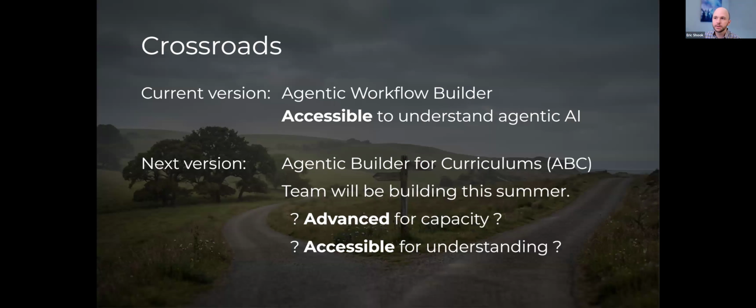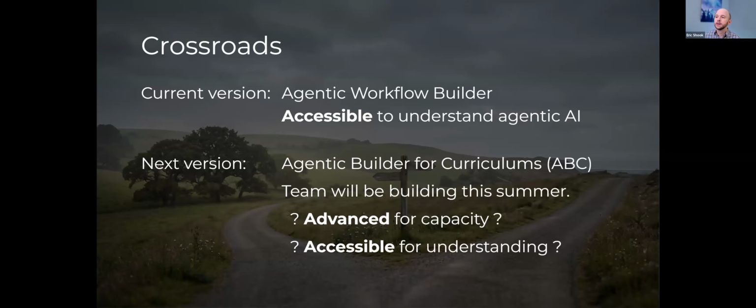We are at a bit of a crossroads, and one of the things I just mentioned is that the current version is accessible because we really built it to help people understand how you can use these agentic systems to build curriculum, so it's replicable.